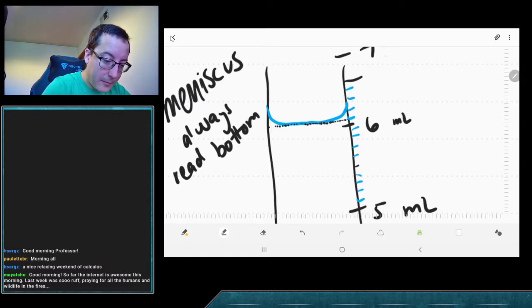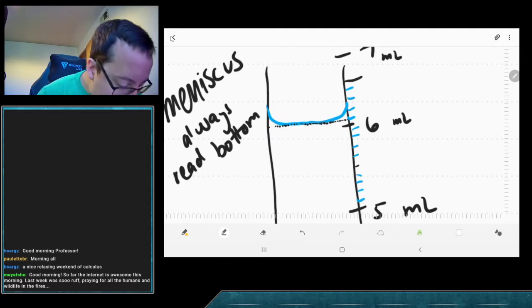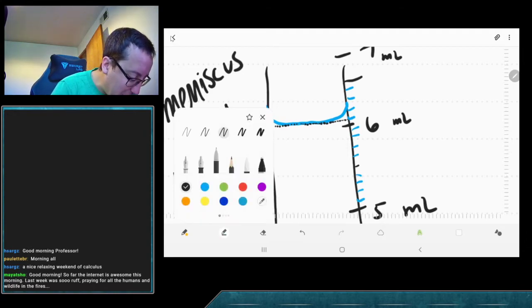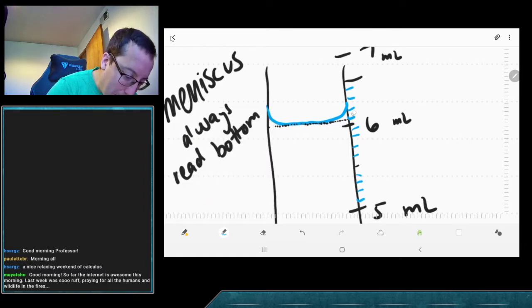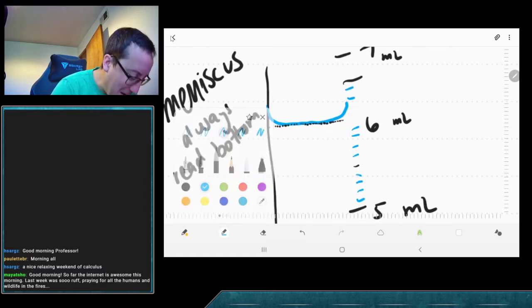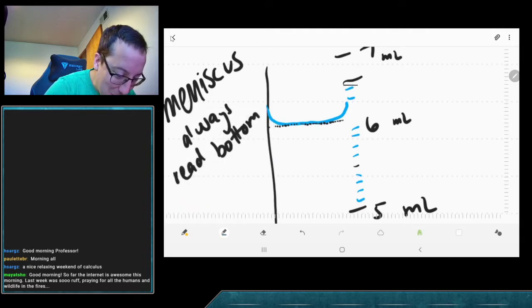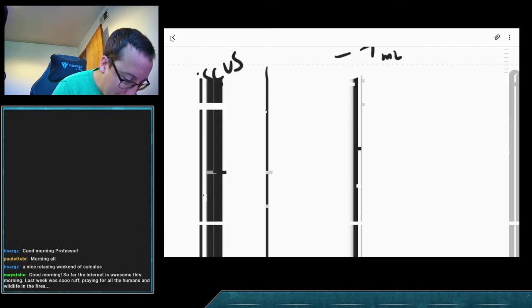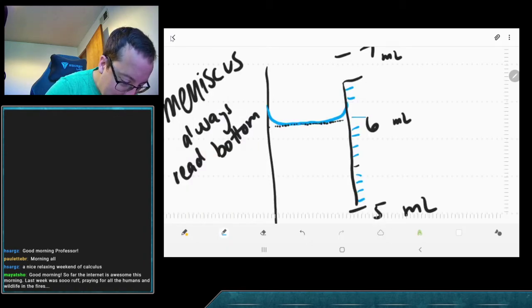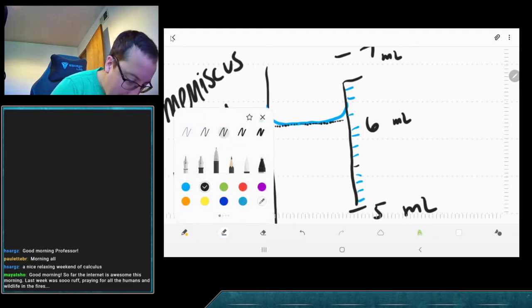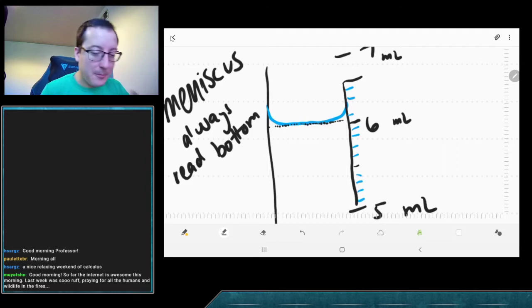I'm going to adjust this just a little bit, just to make it a little bit easier for us. Okay, let's put it like this. I realize it's kind of crooked, but again, hand-drawn stuff, not so easy.